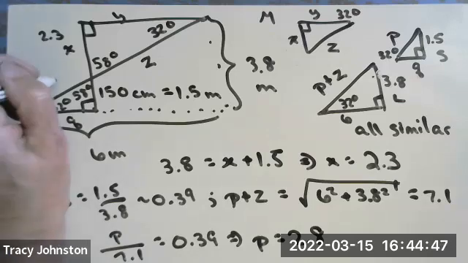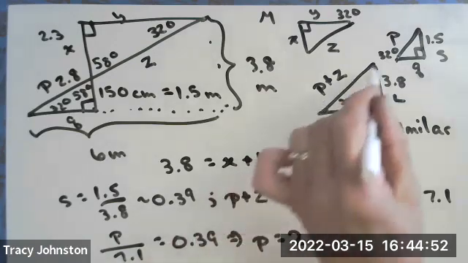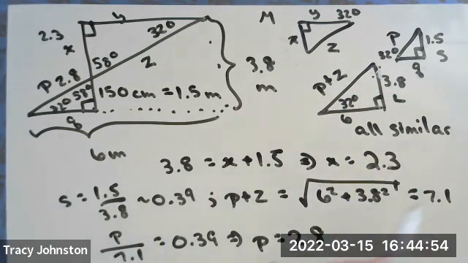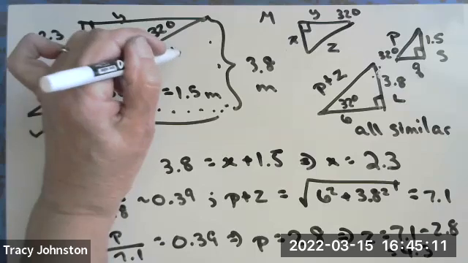So that tells me this is 2.8. And I know that the whole length, P plus Z, is 7.1. So that tells me that Z is 7.1 minus the 2.8. And that gives me Z as 4.3. So now I know this is 4.3.